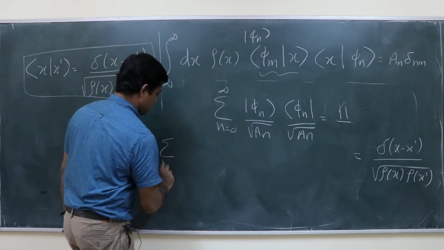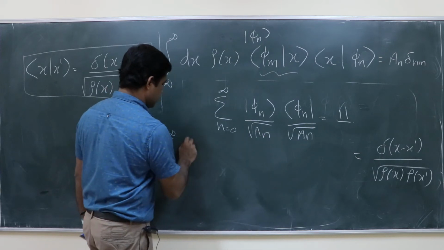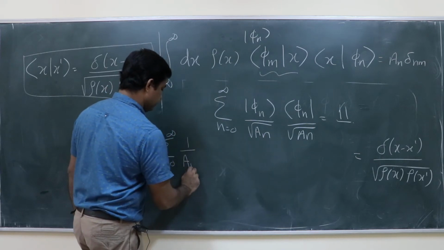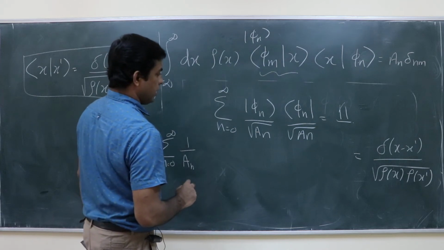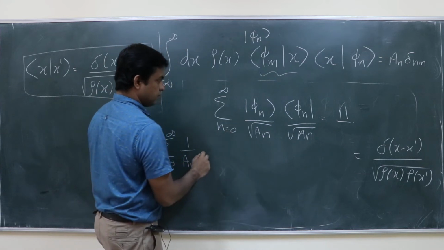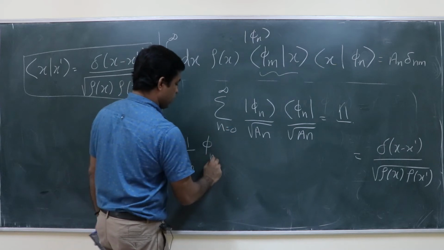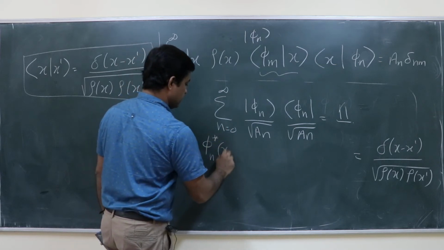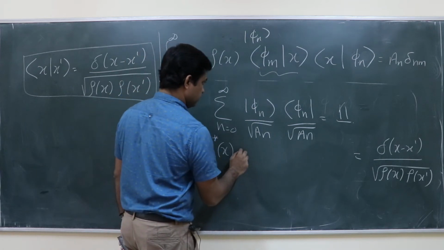Summation n equal to 0 to infinity, 1 by a n, and the first term is phi n star of x, then phi n of x prime.